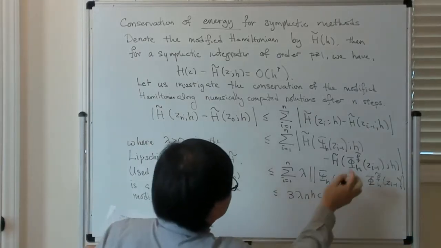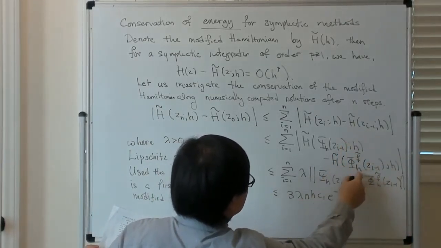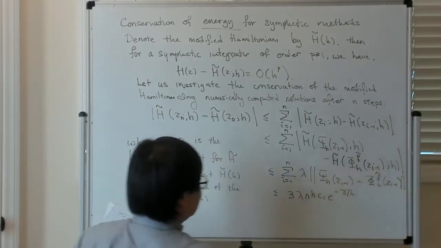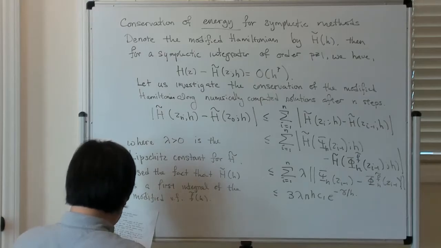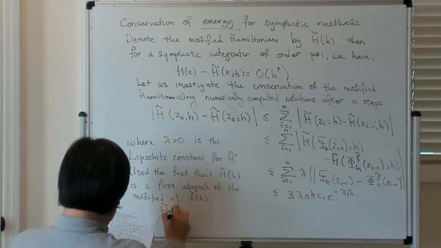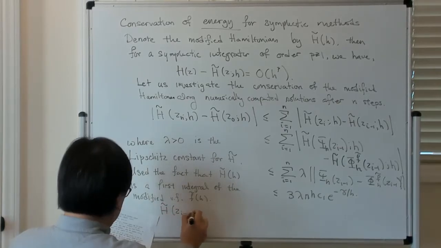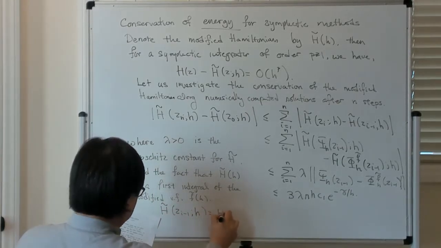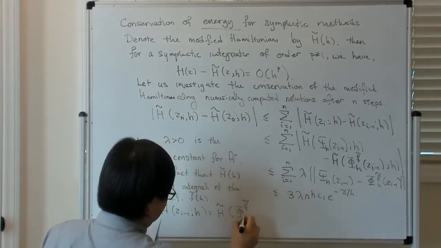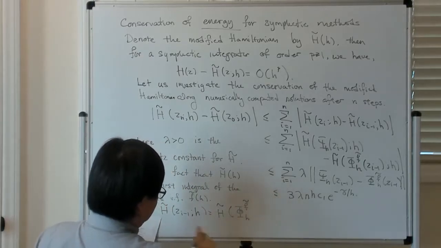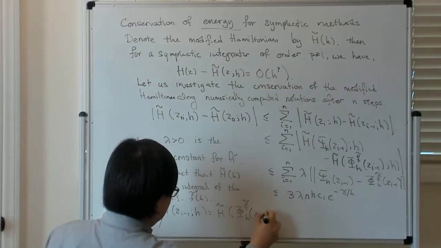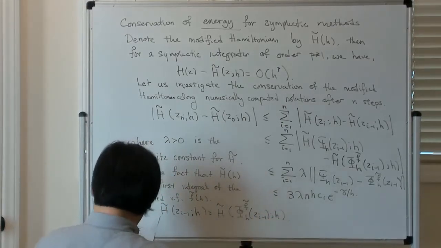So again, going from this term to this term uses the fact that H tilde is a first integral of this flow map. Let me just write that explicitly: H tilde of Zi minus 1 equals H tilde of the time h flow of the modified vector field applied to the data.